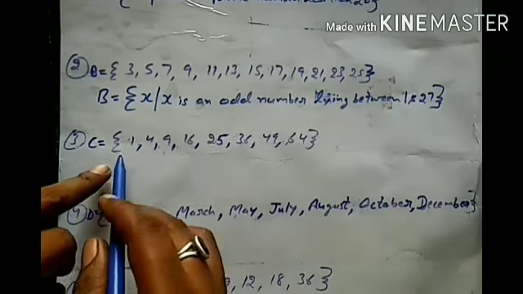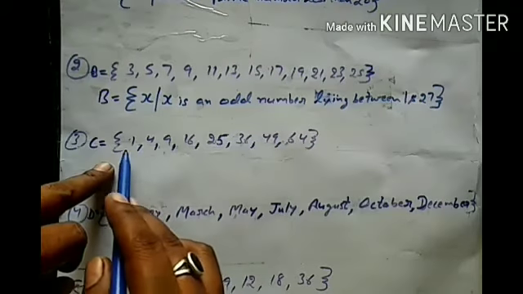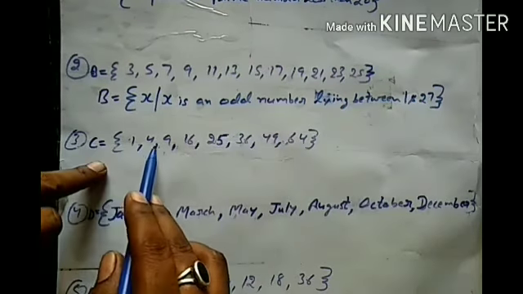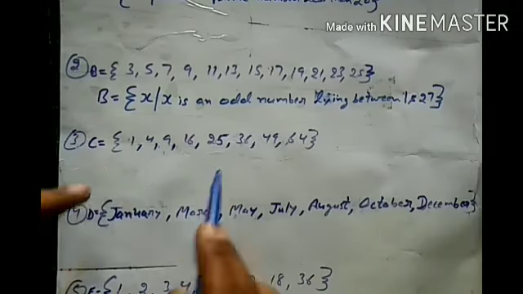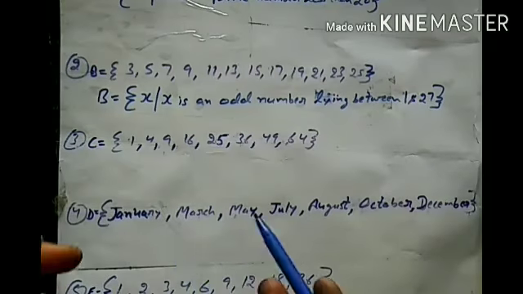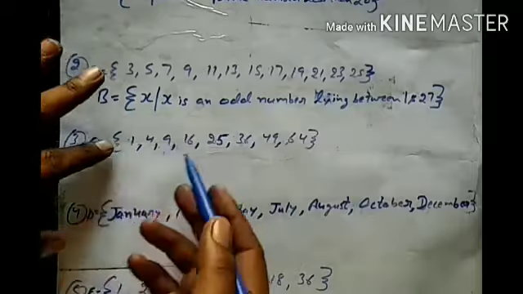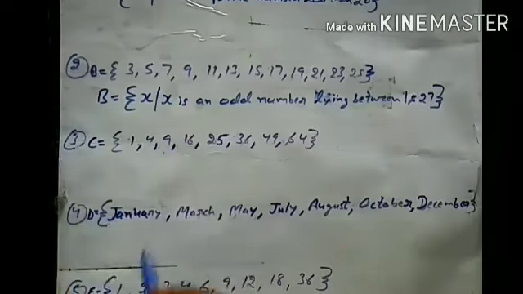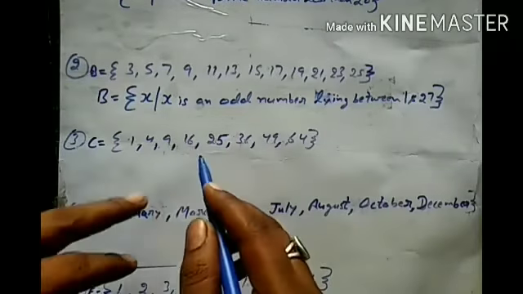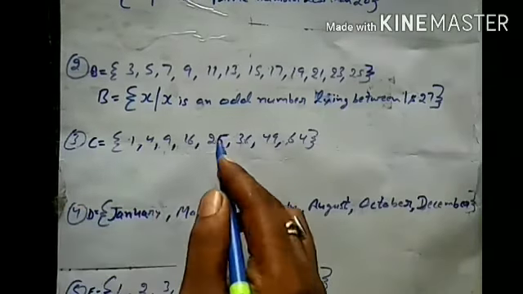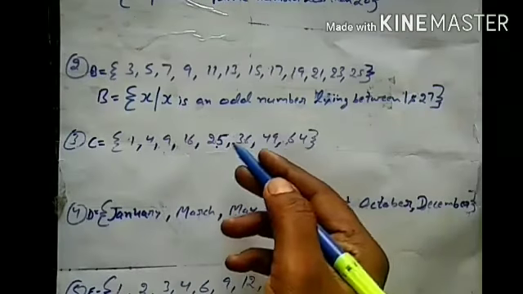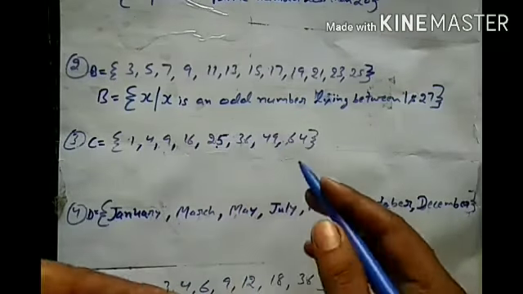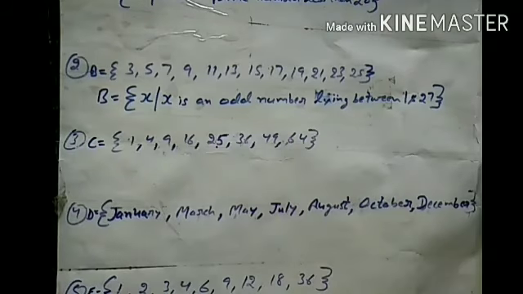Now let us see the third question, that is set C: 1, 4, 9, 16, 25, 36, 49 and 64. All these are squares of some numbers. 1 is the square of 1, 4 is the square of 2, 9 is the square of 3 and 16 is the square of 4, 25 is the square of 5, 36 is the square of 6, 49 is the square of 7 and 64 is the square of 8.